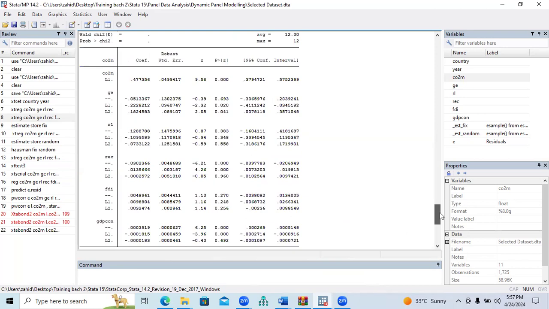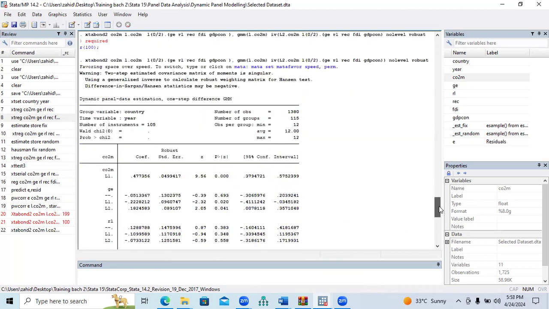So how can we interpret the one step difference GMM here? The first thing that you need to see here is that your number of instruments should be less than number of observations. And if it is less than number of groups, it is also very favorable for you.